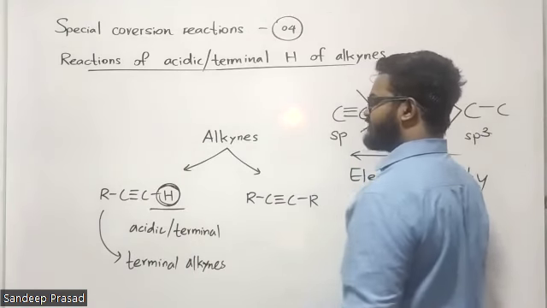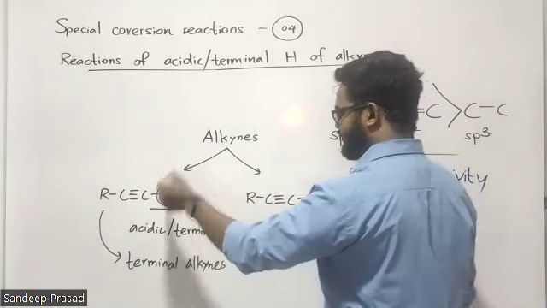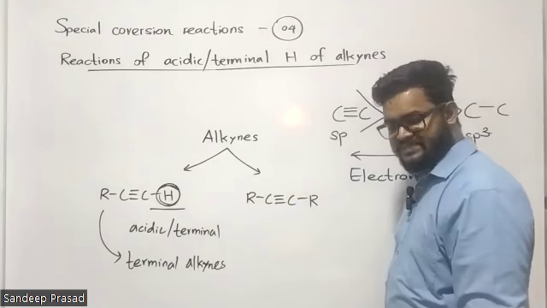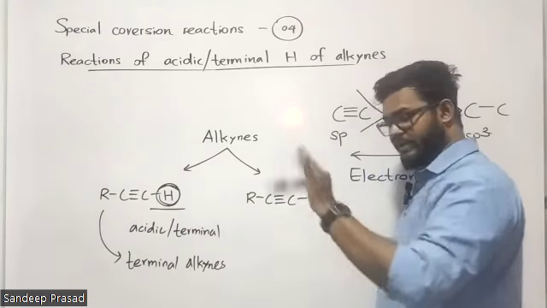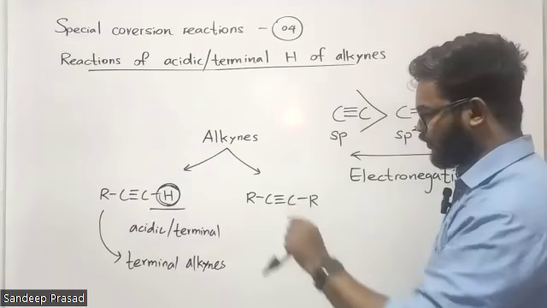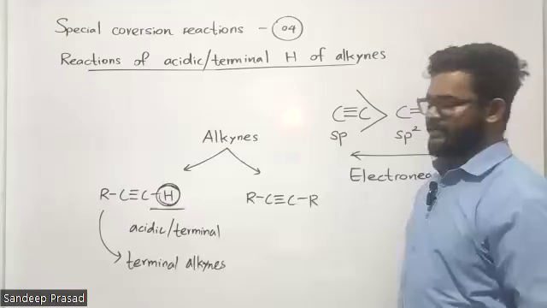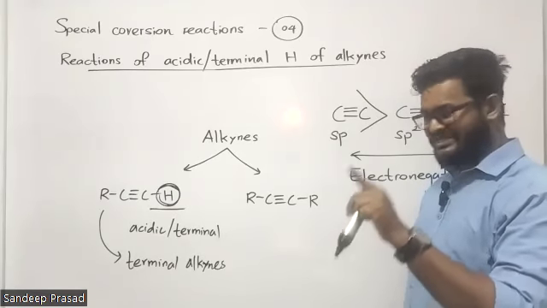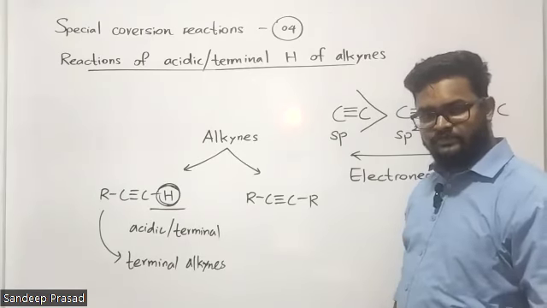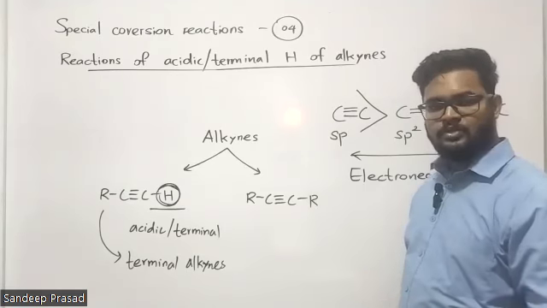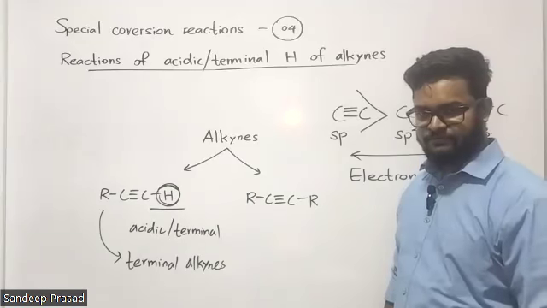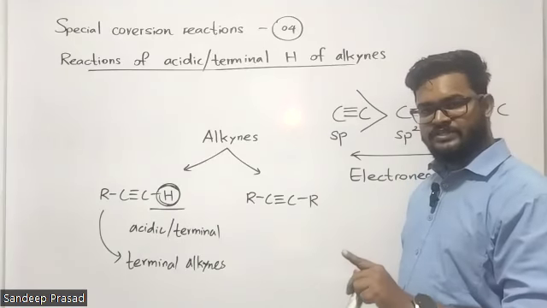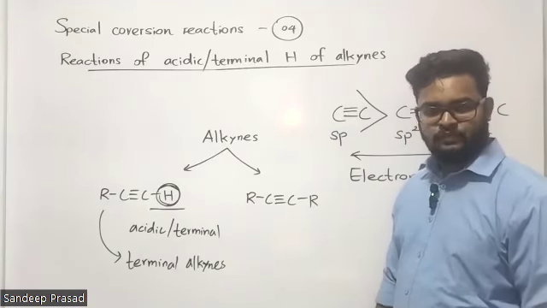This terminal hydrogen can do some reactions because of its acidity. In your resource book, they have given 4 main reactions: reaction with sodium, reaction with sodamide, reaction with silver chloride in the presence of ammonia, and reaction with cuprous chloride in the presence of ammonia. In conversions, we have to use these reactions as well.